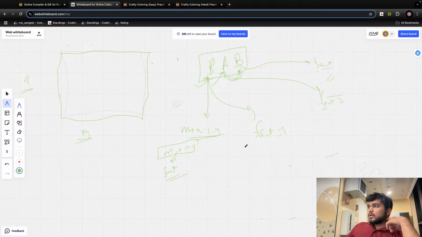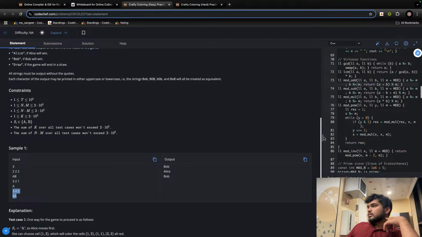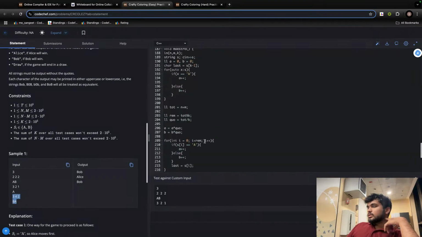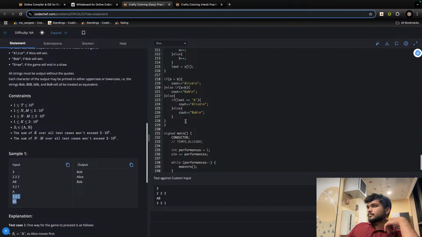Let's try to code this. Let's remove this.